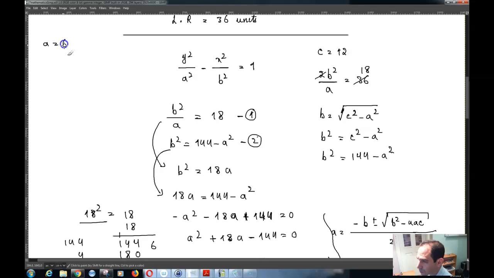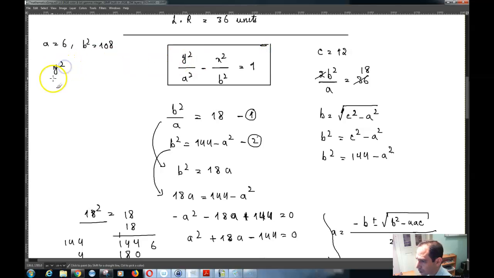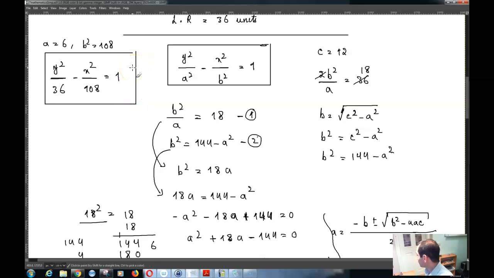That means that using this equation, you can write y squared by a squared, 36, minus x squared by b squared, 108, is equal to 1. That is the equation of your hyperbola. Y squared by 36 minus x squared by 108 is equal to 1. That is the equation which is correct.